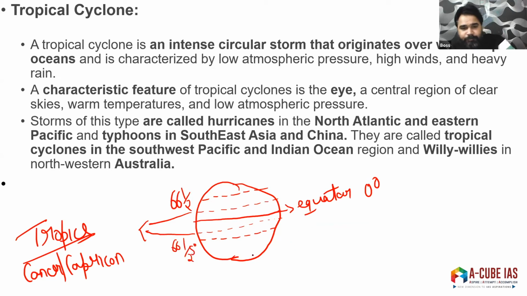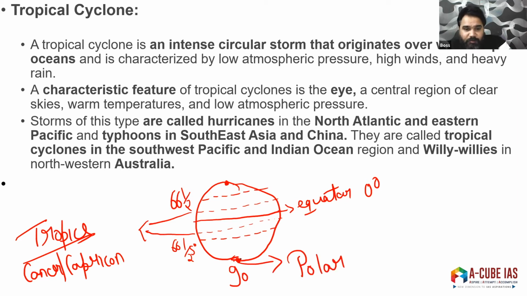And here, 90 degrees. Now there is a classification, a name which is given to these regions. For example, at 90 degrees, the zone is called polar, very icy, very cold.